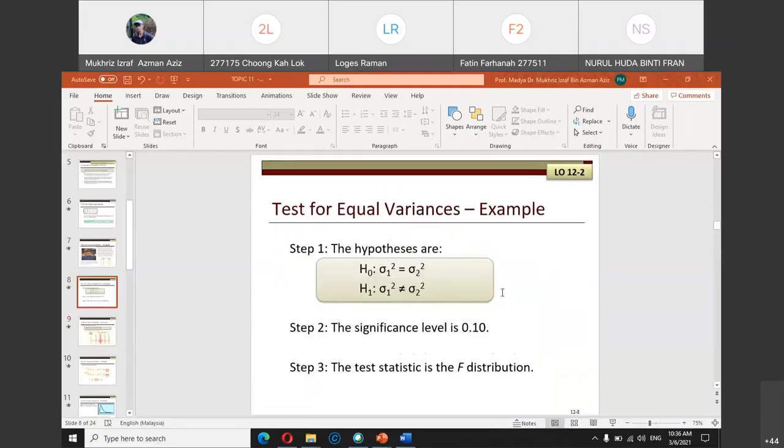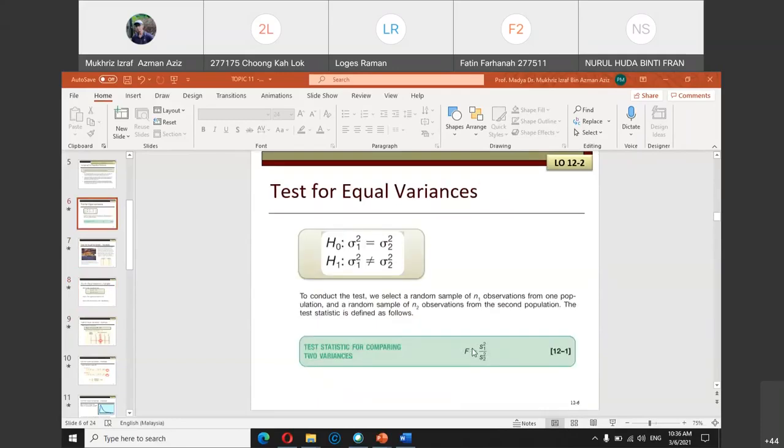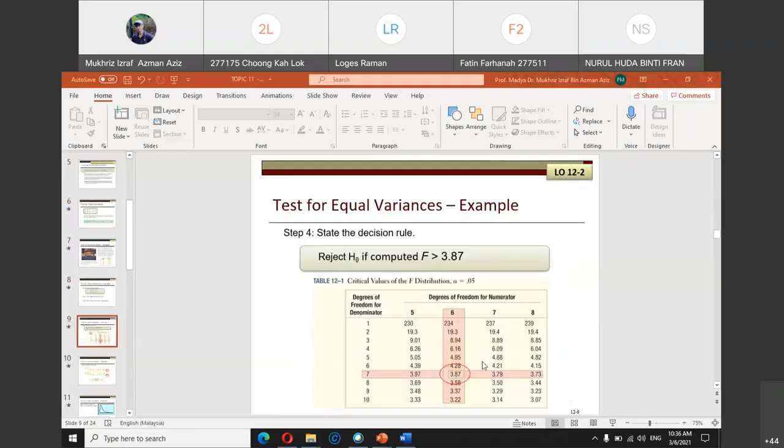If you recall just now, the formula will be s squared 1 divided by s squared 2. s squared 1 will be the numerator, s squared 2 will be the denominator. When you refer to the F table, the numerator will be the value on top, the denominator the value at the bottom.